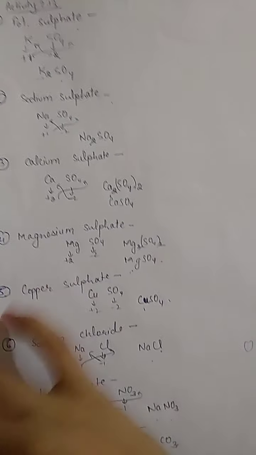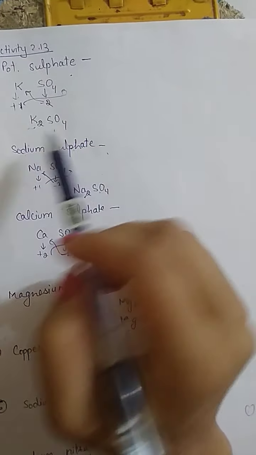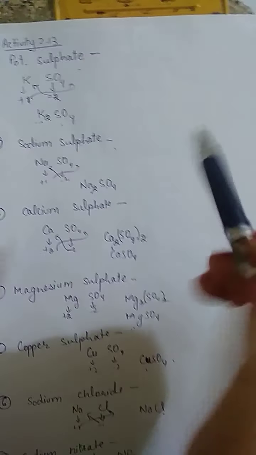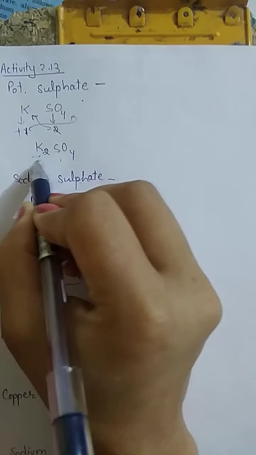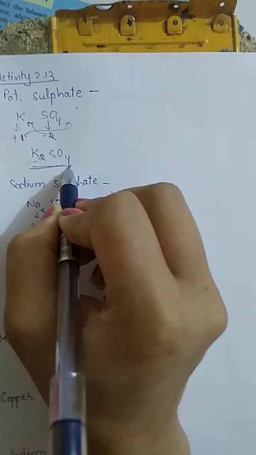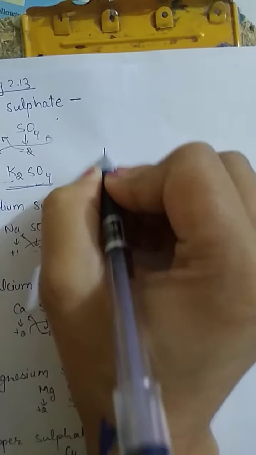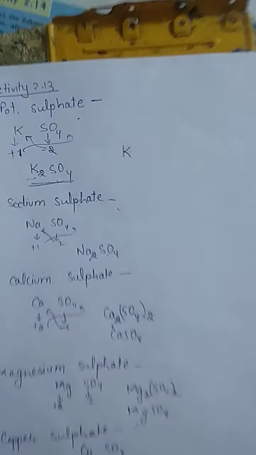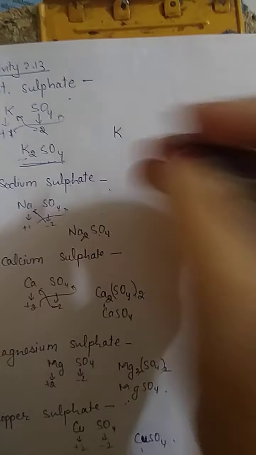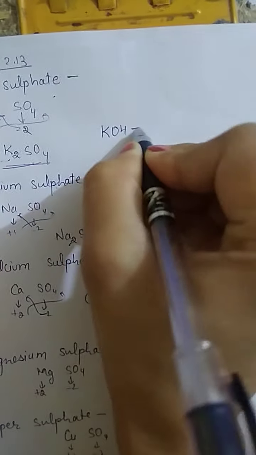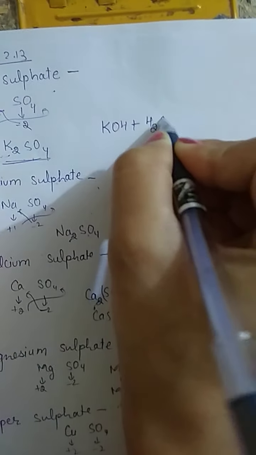Now the next part is to identify from which acids and bases these salts are formed. Now see how you can form potassium sulfate. Potassium hydroxide reacts with acid.